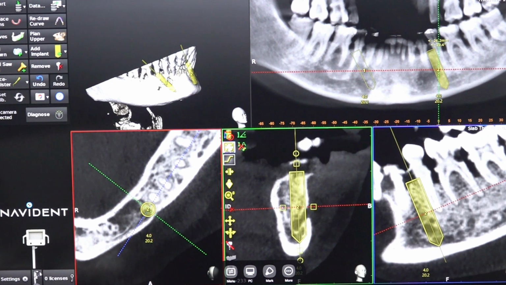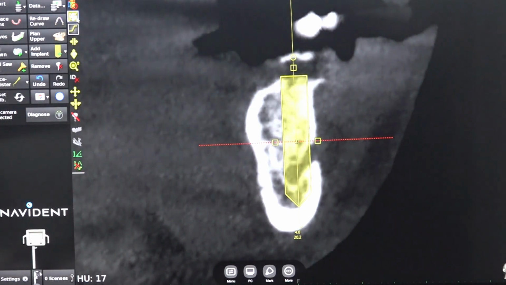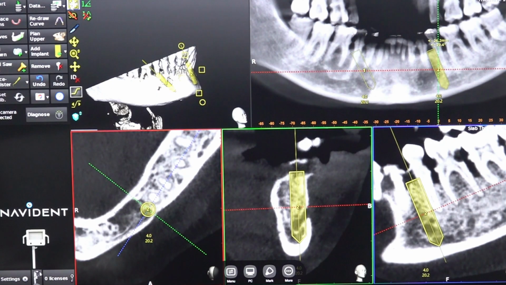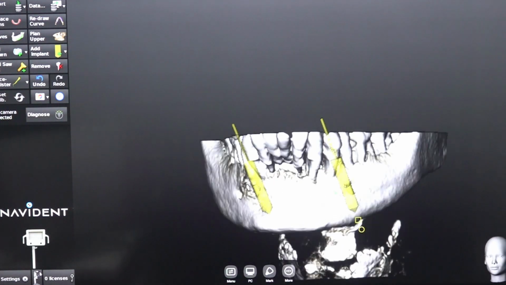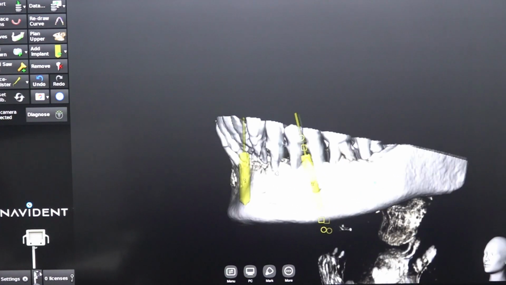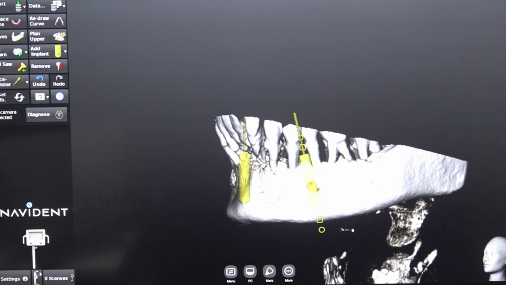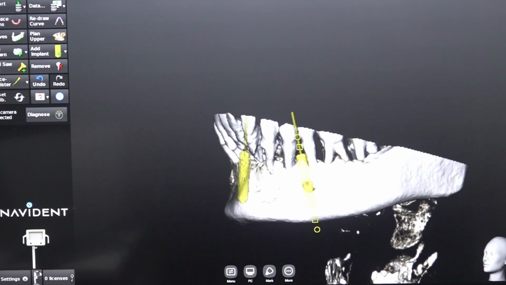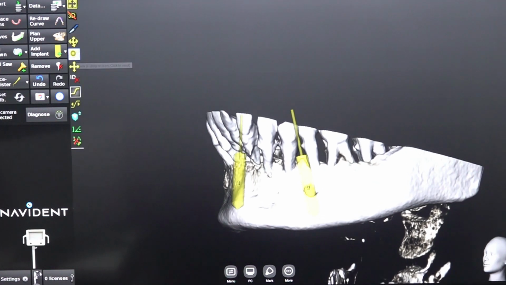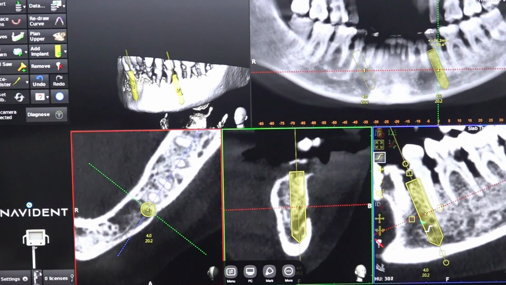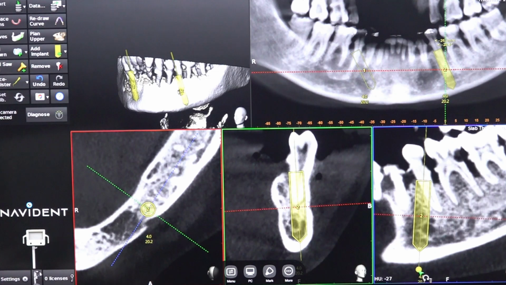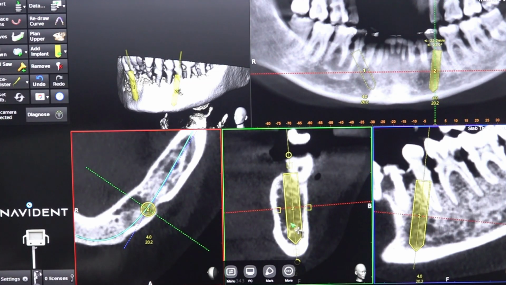If we see here, on the right side the mental foramen opens in the second premolar area, but on the left side it is a little mesial to the second premolar area. So the more the mental foramen is anterior, the more it is unfavorable for us. The more the mental foramen is distal, the more it is favorable for us.